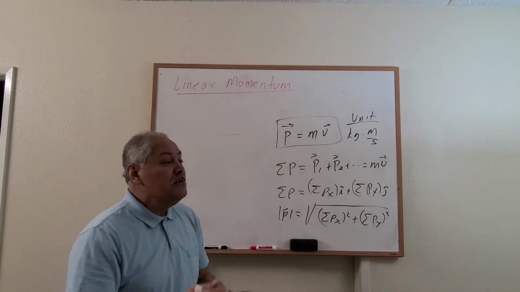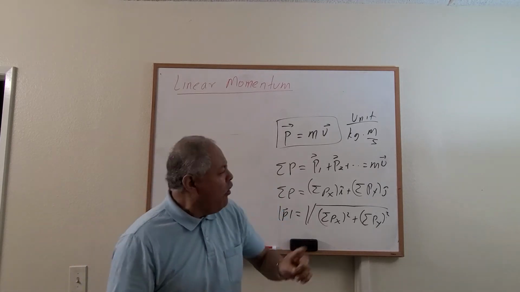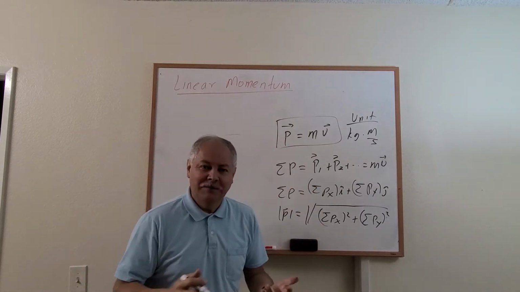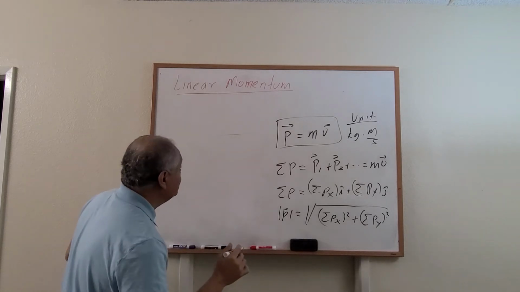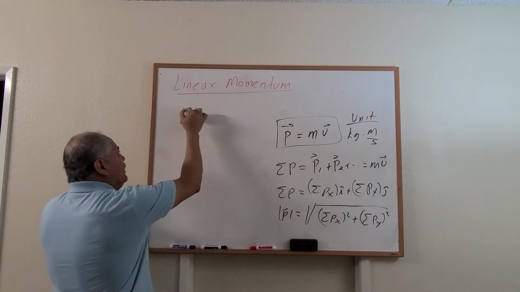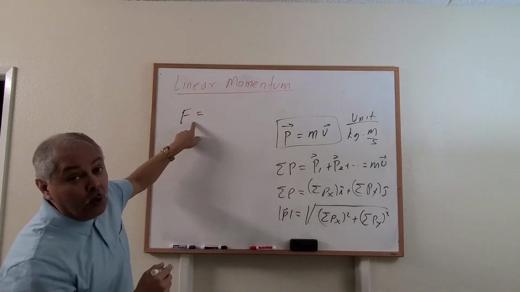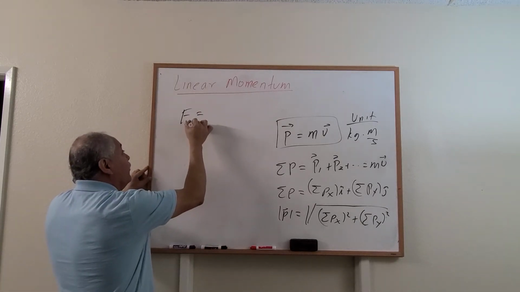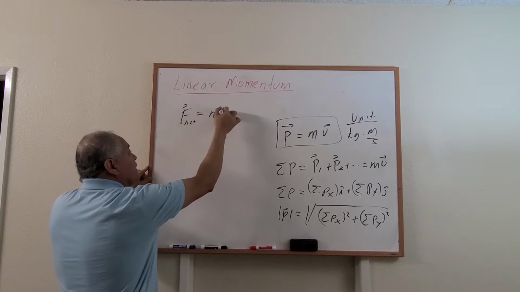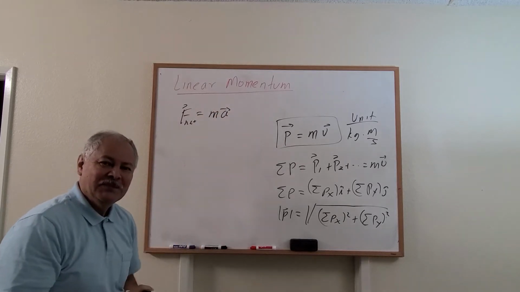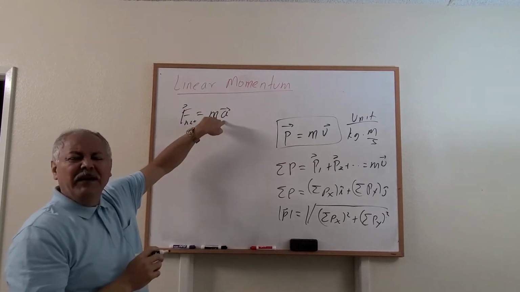Okay, now let's involve force. Let's see how momentum is related to force. Imagine that we are dealing with Newton's second law, which defines the net force. Net force is equal to mass times acceleration. But how do we define acceleration?